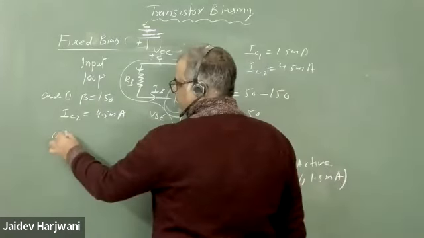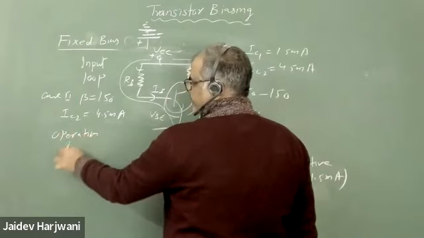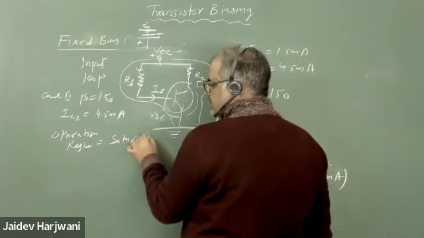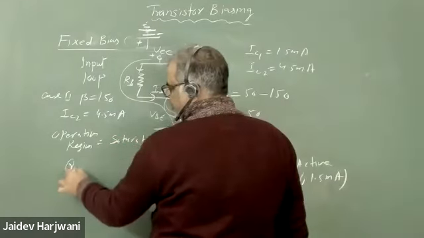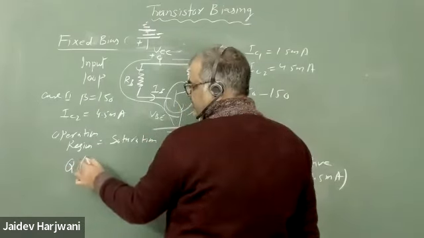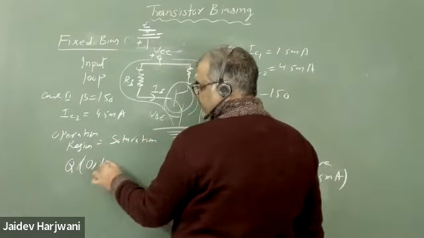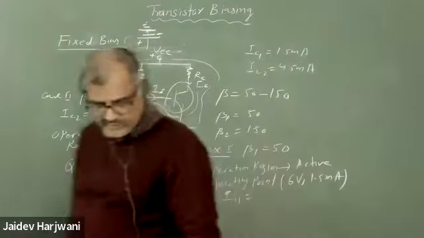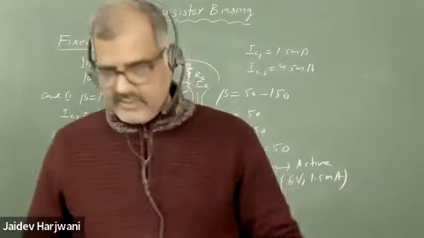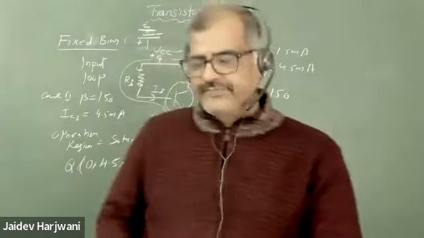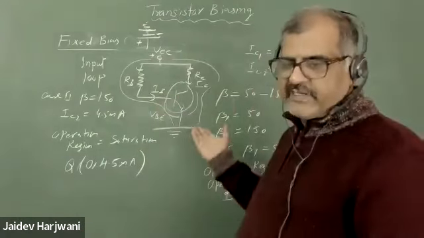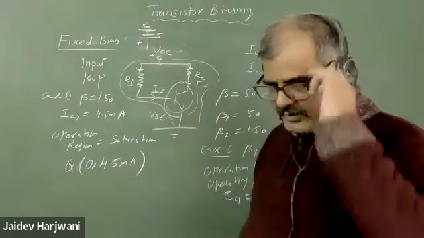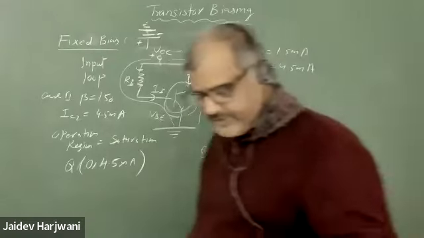So the operation region in the second case is saturation. And the operating point Q will be, whenever you are in saturation, your VC becomes 0 and your current becomes equal to the saturation current, 4.5 milliampere. So you can see this kind of circuit is not suitable, because if beta changes in the circuit, it cannot stabilize your operating point. The operating point goes from the active to the saturation region. I hope the point is clear.